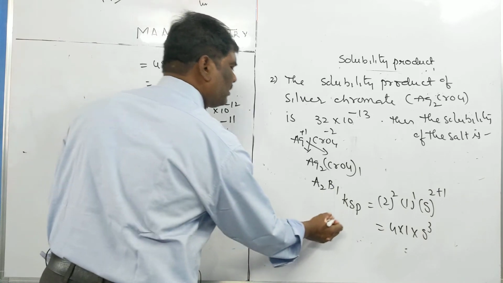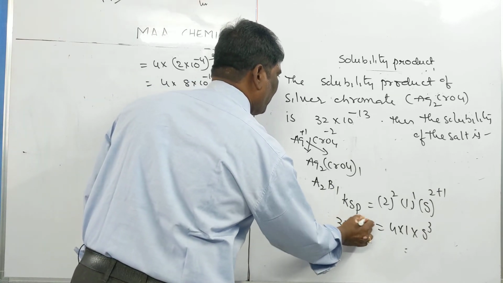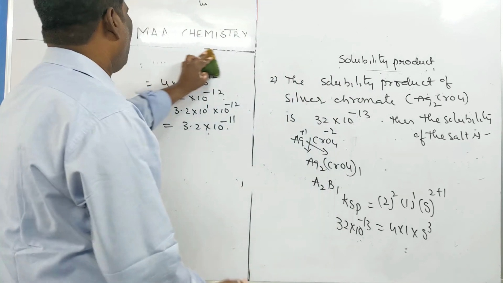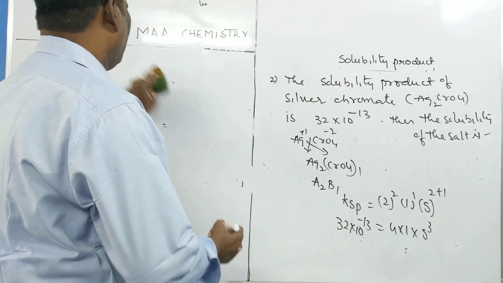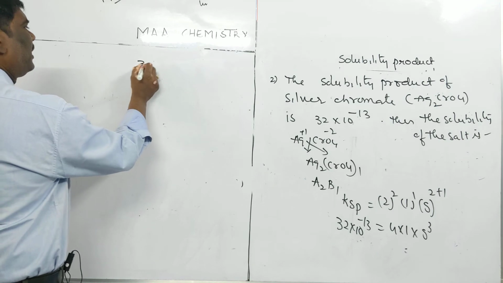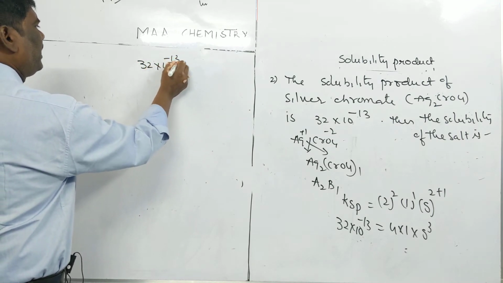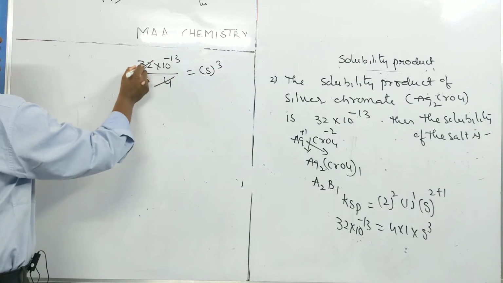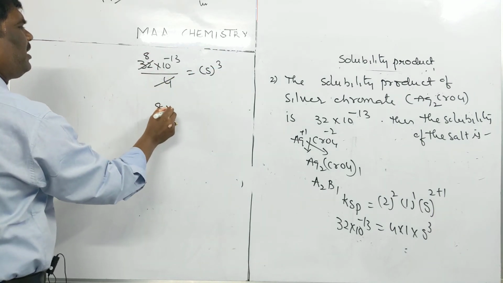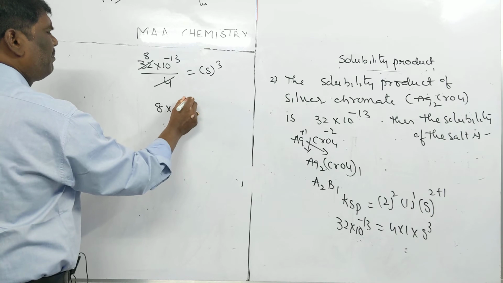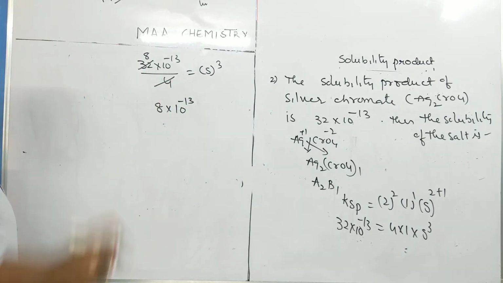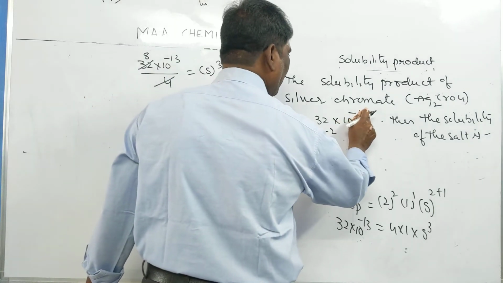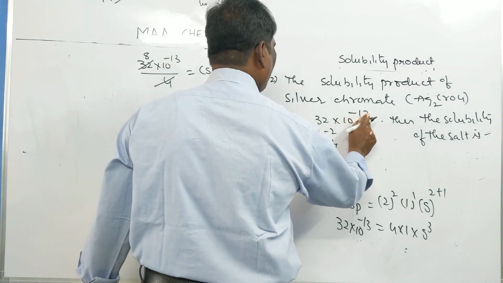But you are given 32 × 10⁻¹³. On simplification, 32 × 10⁻¹³ by 4 is equal to S³. So we get 8 × 10⁻¹³.